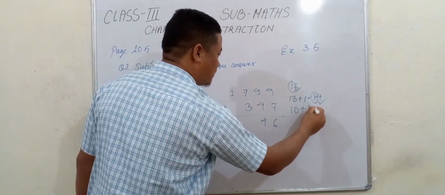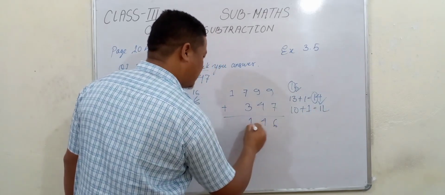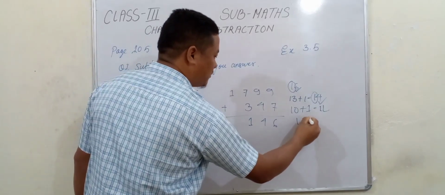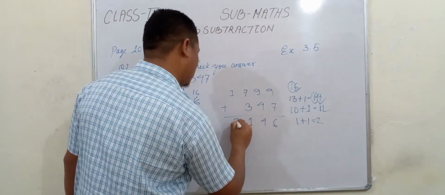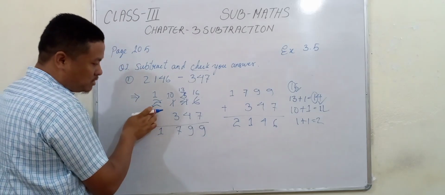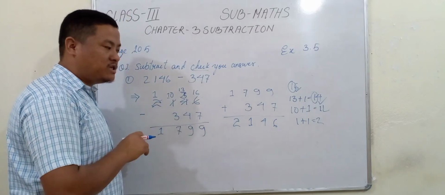Plus remainder 1, 11. 1 we will write here. Again 1 is remainder. 1 plus remainder 1 is 2. 2146, which is equal to our minuend. That means our subtraction is correct.